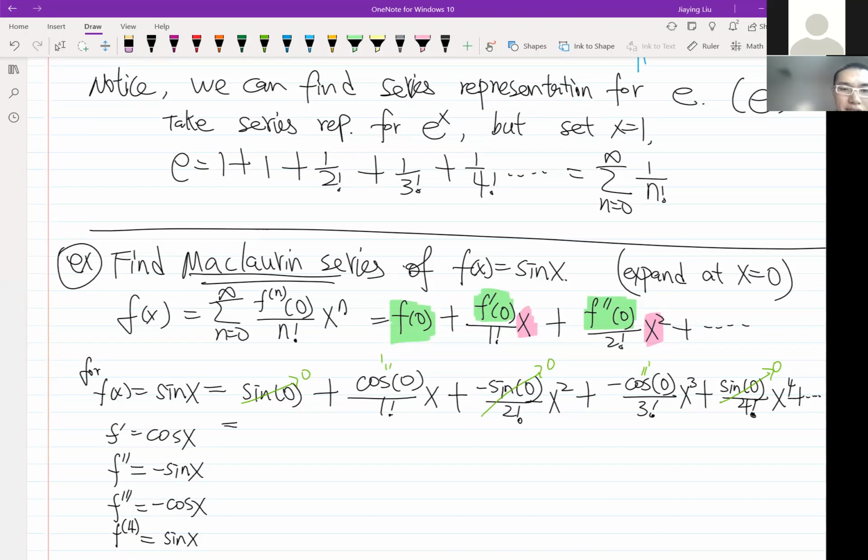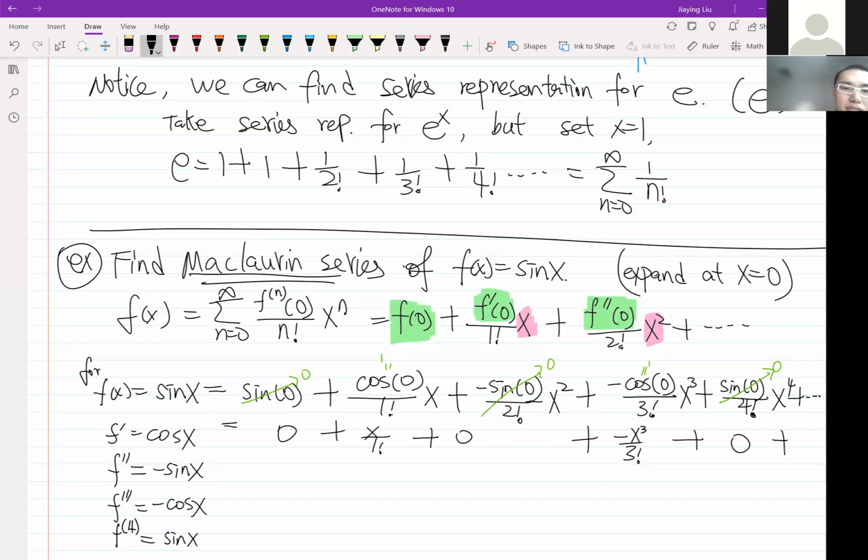So I'm going to write that as 0 plus x over 1 factorial. And then plus 0 times x squared, that's a 0 again. And then plus the next term, which will be negative 1 over 3 factorial times x cubed. So you can write as negative x cubed divided by 3 factorial. And the next term is 0. The next term is not going to be 0.